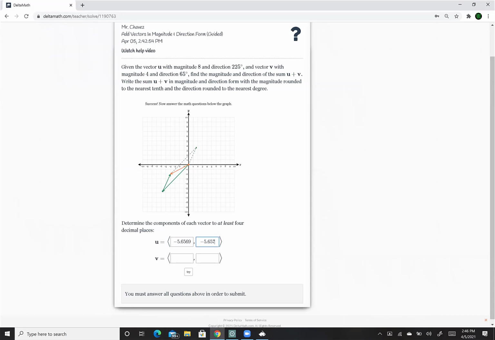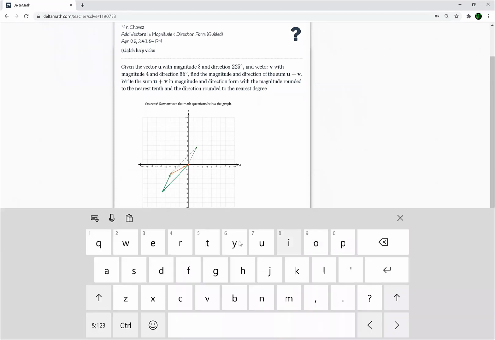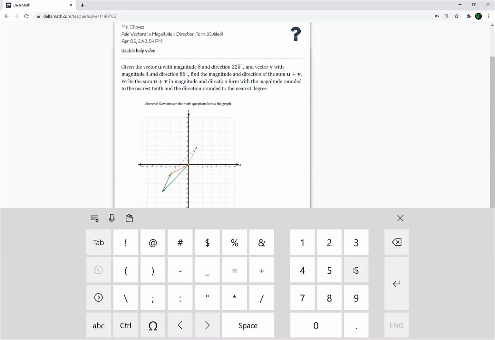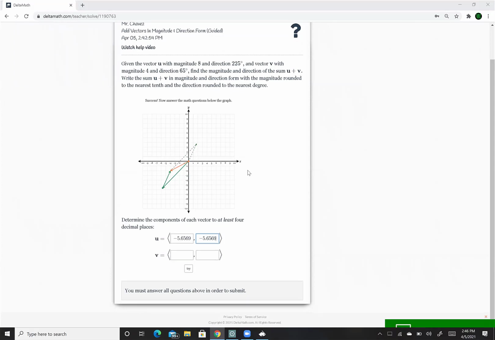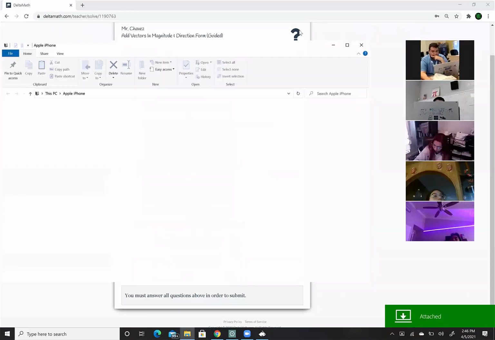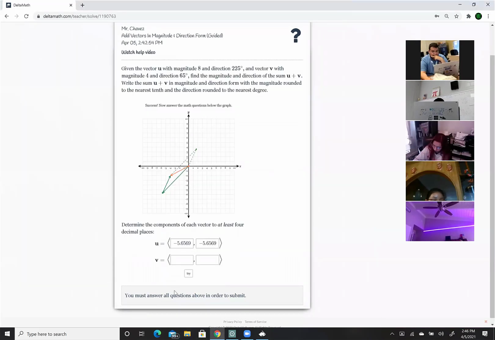I might take off the keyboard right now. All right, guys, hold on real quick. Don't worry, I'll fix it so you can see it. All right, I can see you guys now. All right, here we go.